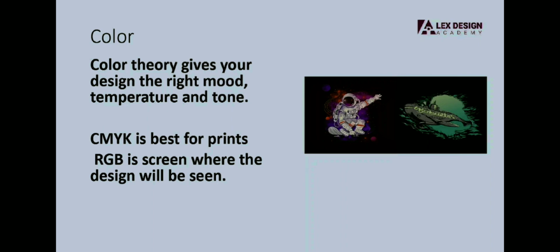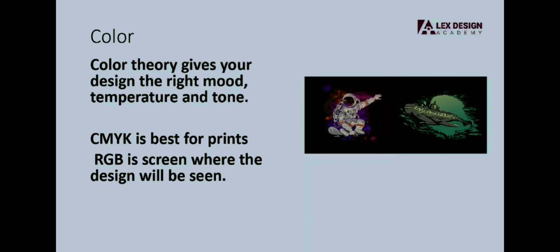Now, there are two things about colors that you should understand. The first thing is that without colors, your design is going to feel dull, it's going to feel dead. You need colors to make it alive. And the second thing you should know is that when you are designing for a purpose, you are designing either for a screen or for print.